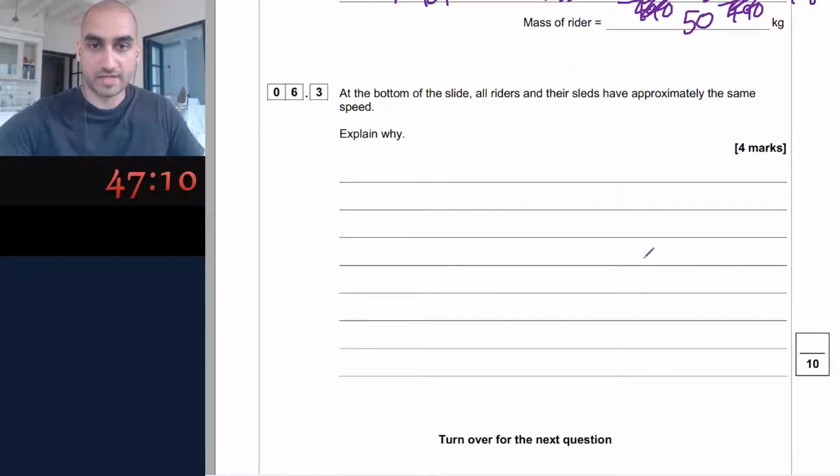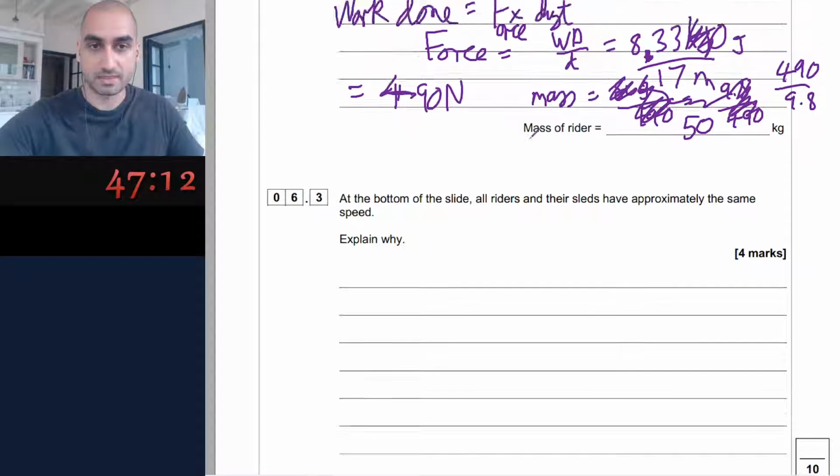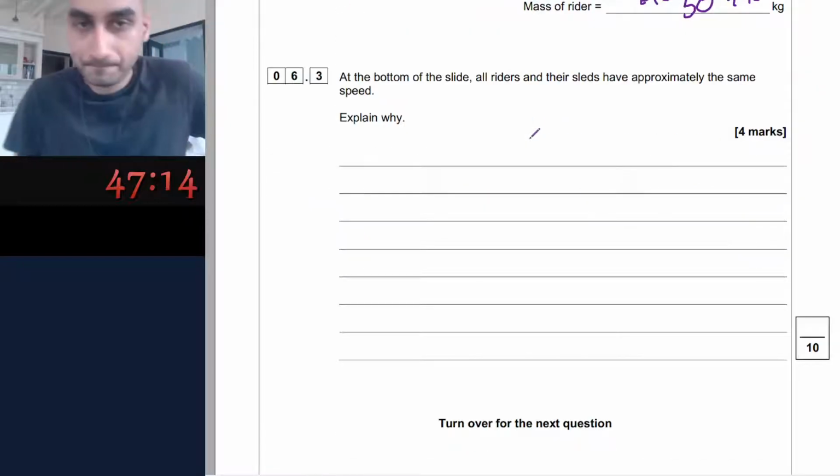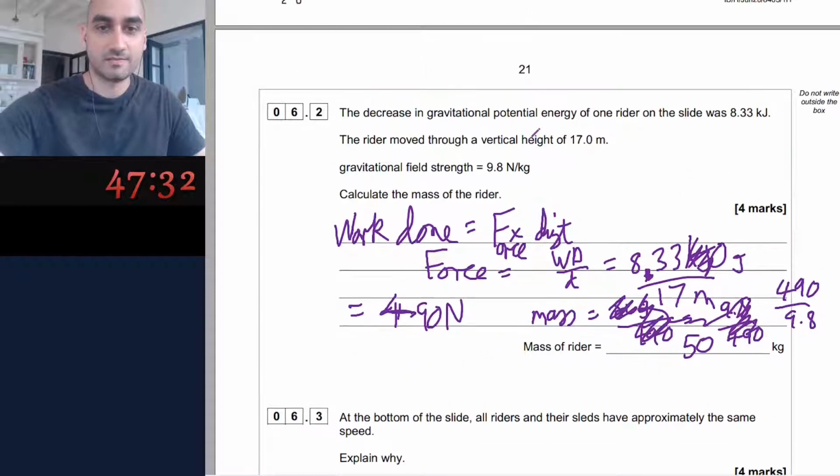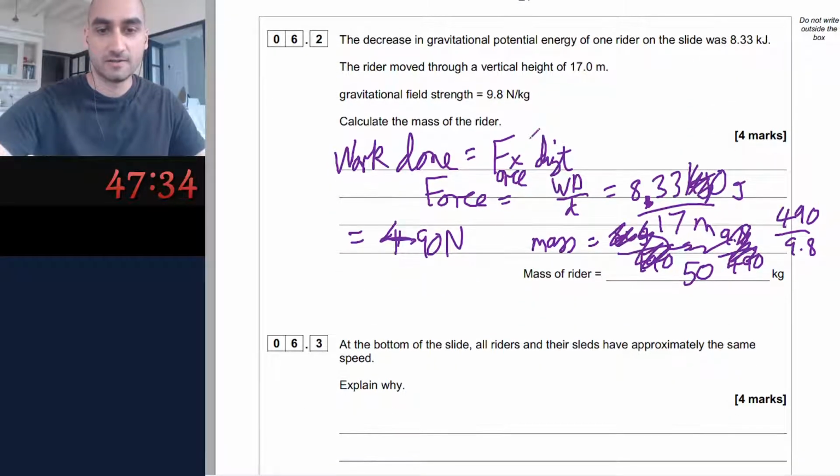At the bottom of the slide, all riders and their sleds have approximately the same speed. Explain why. Because, okay, how do we say this with 4 marks? Because mass doesn't matter, right?